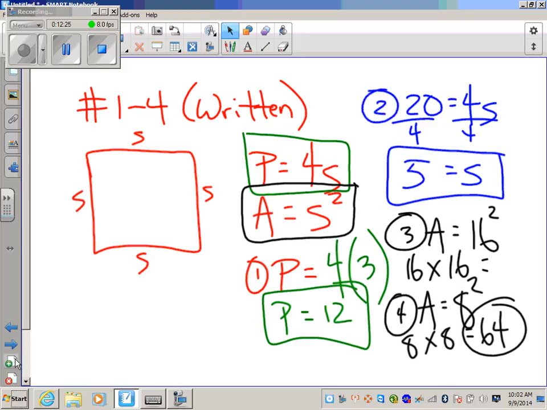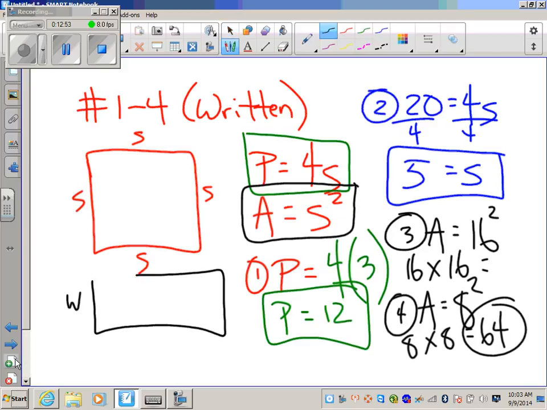If you want to draw a little rectangle in there, be my guest. The rectangle itself didn't print. So draw yourself a little rectangle. Label it. Put one of the sides by the W, the other side by the L. There's your W, and there's your L. Done.